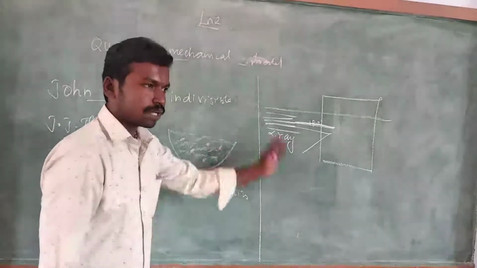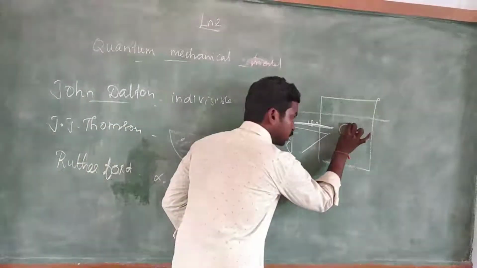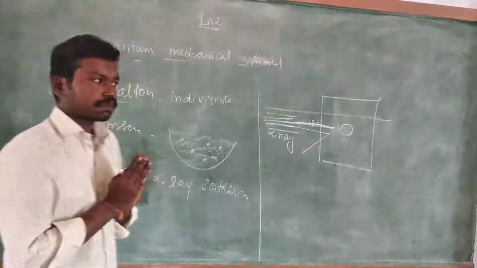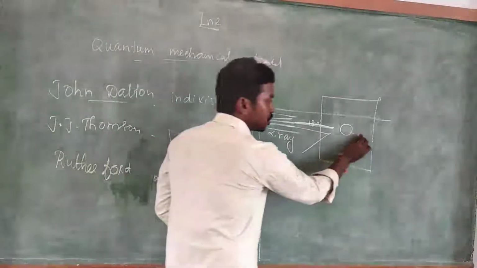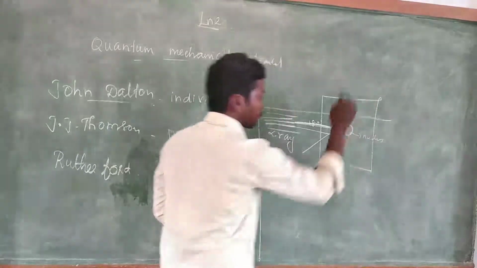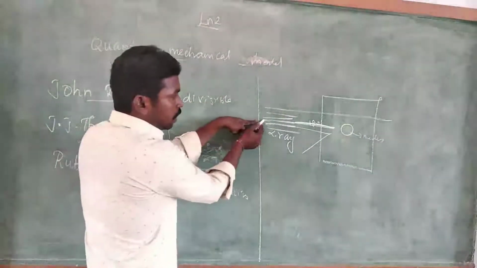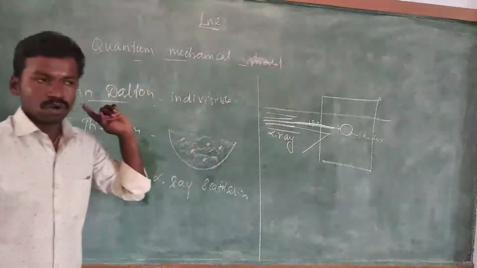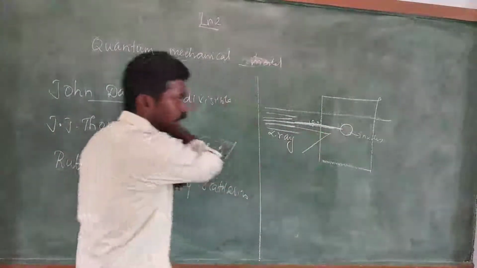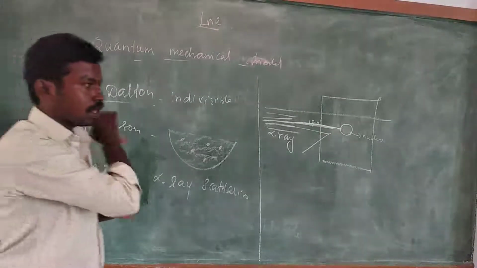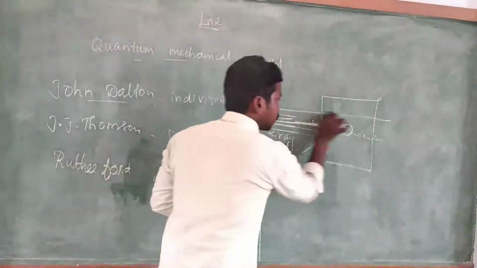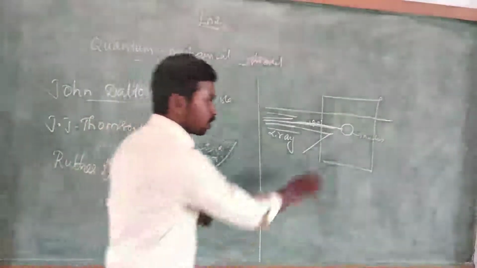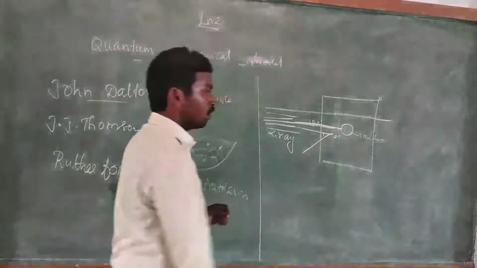So from this experiment he proved that at the center of an atom there is a tiny positively charged species, and that is termed as nucleus. அதாவது நியூக்ளியஸ் இருக்கிறதுனால this alpha ray is not able to pass through this gold foil, so that it is deflected at the same angle. But something is deflected by a certain angle, no? It is due to the presence of electron.